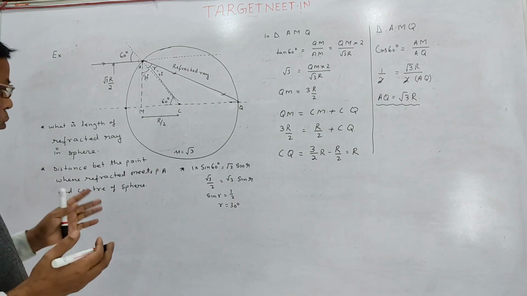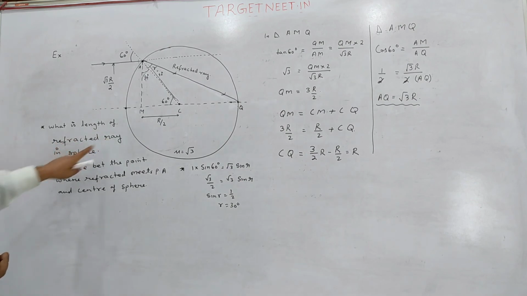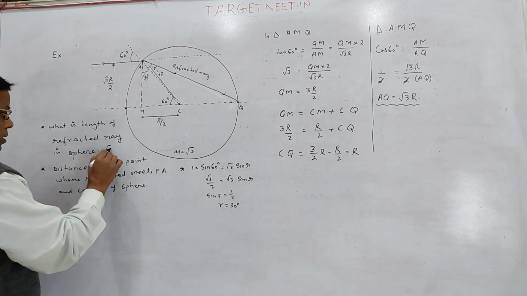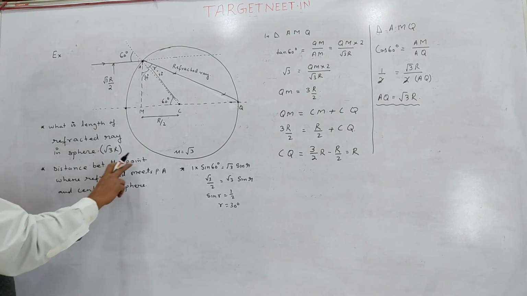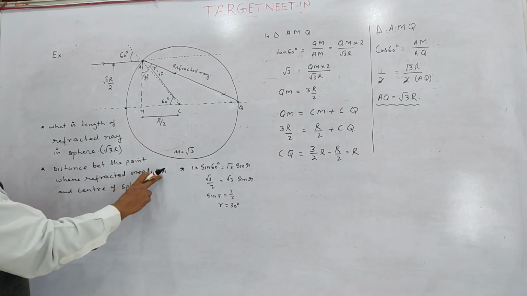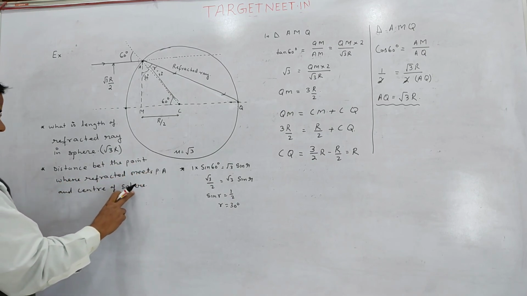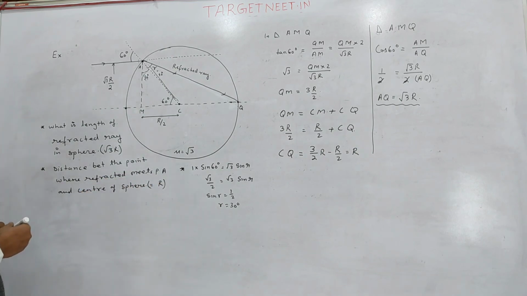So this is what was asked. What is the length of the refracted ray in the sphere? This answer is root 3 R. And what is the distance between the point where the refracted ray meets the principal axis and the center of the sphere? It is R. So these are the two answers.